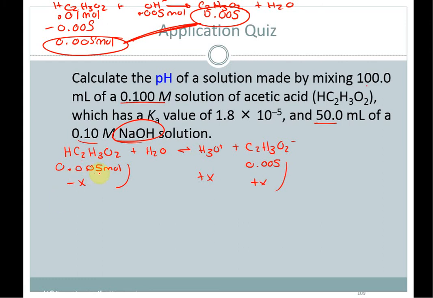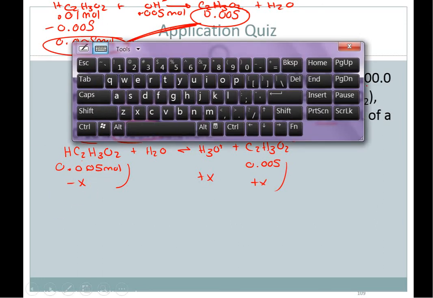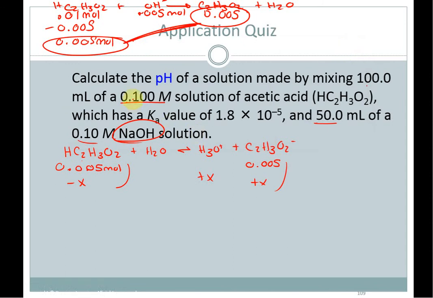Instead of saying 0.005 moles minus x, we're going to divide that by the 0.15 liters to give us 3.33 times 10 to the minus 2 minus x, and 3.33 times 10 to the minus 2 plus x. Now it becomes a little bit more evident that we can, in fact, discount this x.